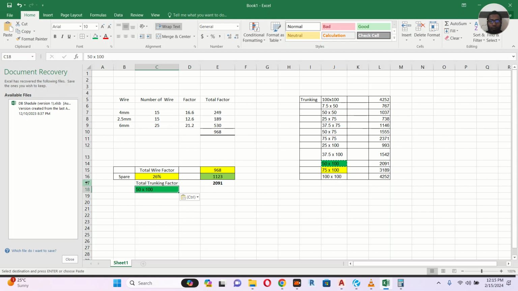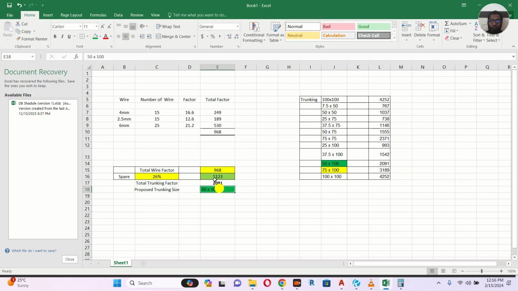So this one comes up maybe. So this one is the proposed trunking, or you can put it like this. Let's say you will put it here, proposed trunking size, or you put it as you like.